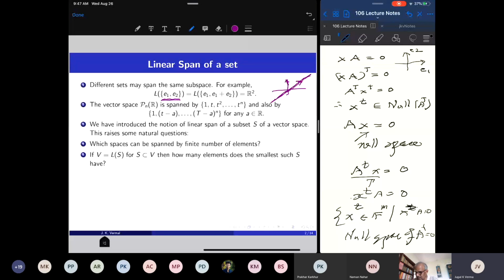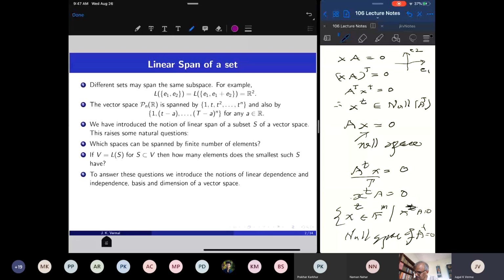So we want to address this question, and in order to do that, we need the very important notions of linear dependence and linear independence, basis and dimension. These are very important words: linear independence, basis, and dimension of a vector space.